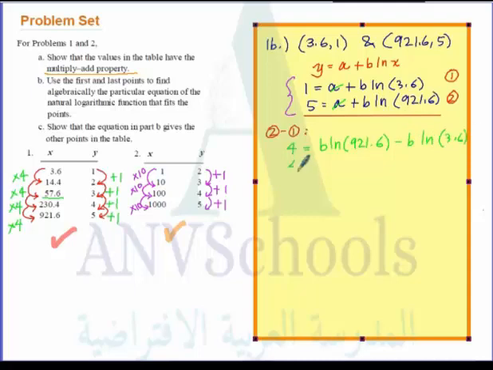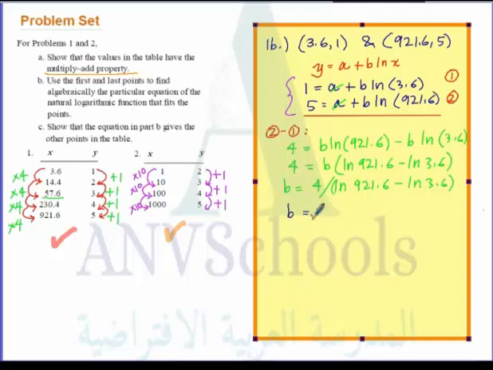So 4 equals b times the quantity ln of 921.6 minus ln 3.6, and my b will be 4 divided by ln of 921.6 minus ln of 3.6.